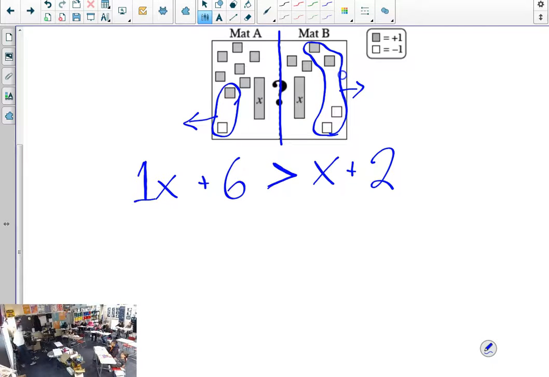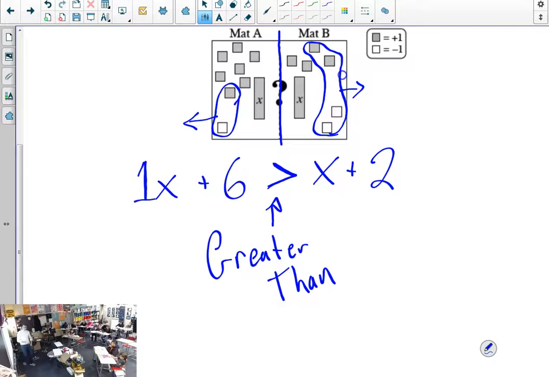So Noah just told me since they both have x, x plus 6 is going to be more than x plus 2, which makes sense. And if you need a reminder on your paper, this is our greater than symbol. So please write that down where it says expression below 6.3, and put the greater than symbol so you know x plus 6 was greater than x plus 2.